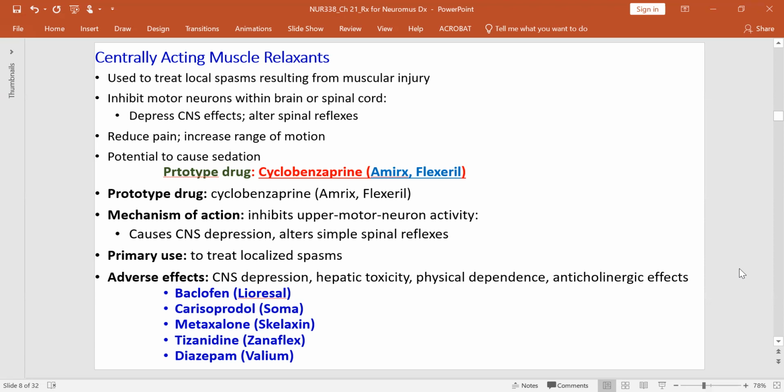Tizanidine has a chemical classification commonly associated with drugs that treat nasal congestion or irritation in the eyes.